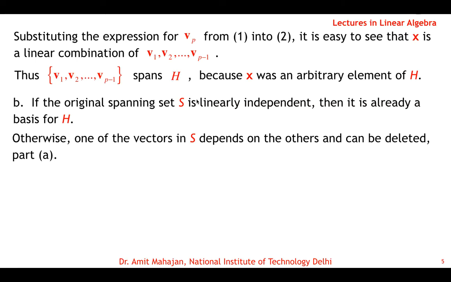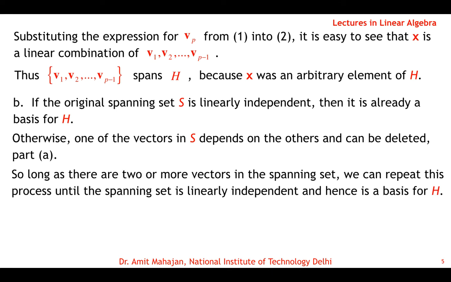If not, this new set is again a dependent set, so there will again be a vector which is dependent, so we can again remove that vector to get a new set, and we will have, say, v1, v2, up to vp minus 2 vectors. So again we can check whether that set is linearly independent or not, and we can continue this process until we find a linearly independent set.